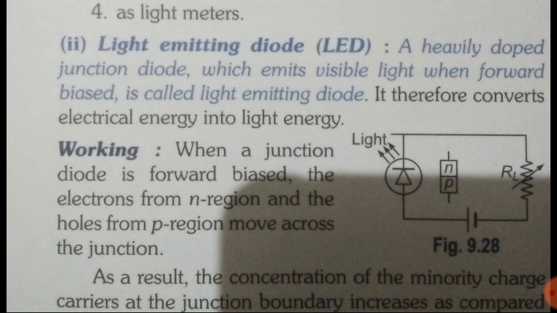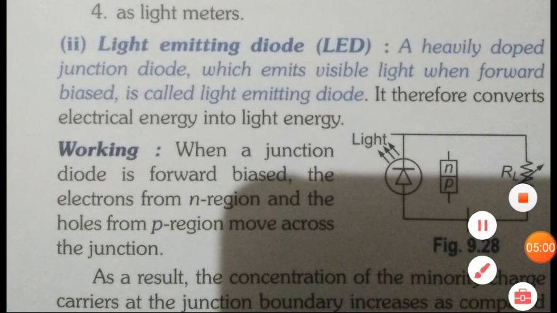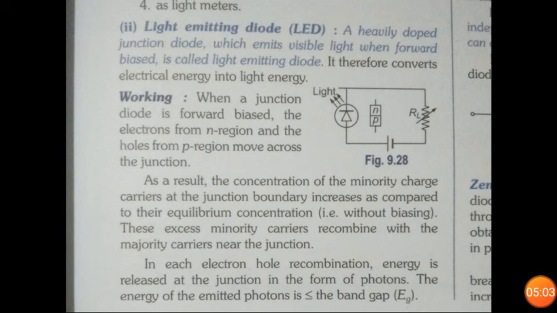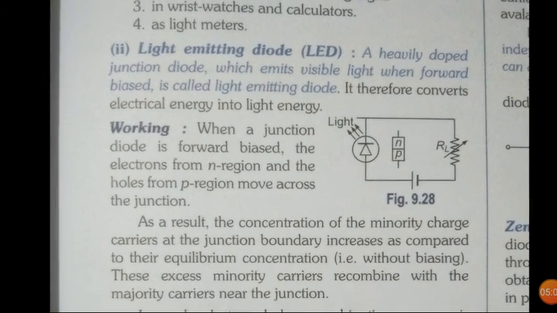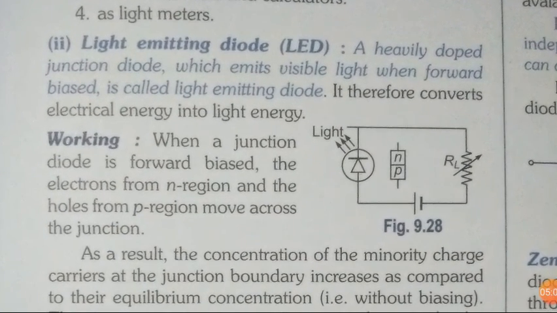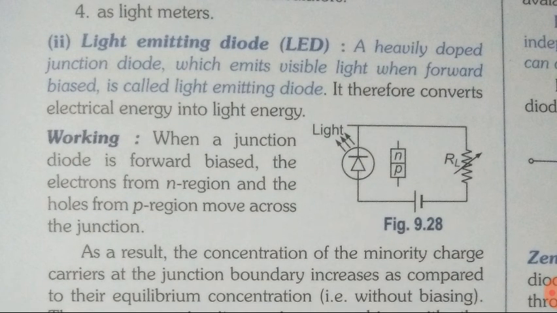As the name suggests, this is a diode which emits light. One thing you must remember is that LEDs are heavily doped. A heavily doped junction diode which emits visible light when forward biased is called a light emitting diode.